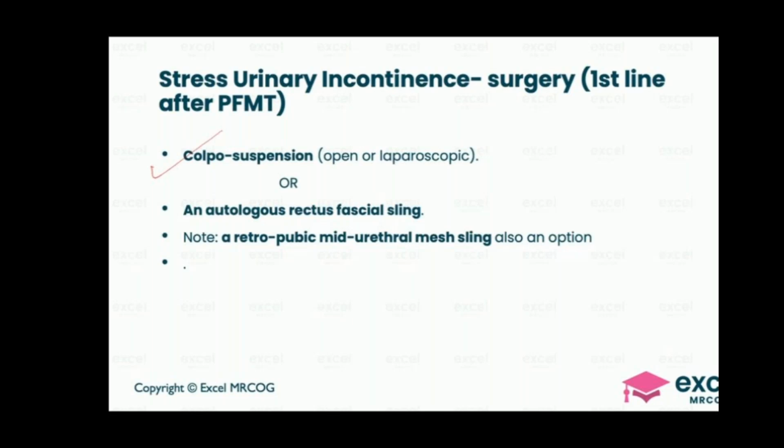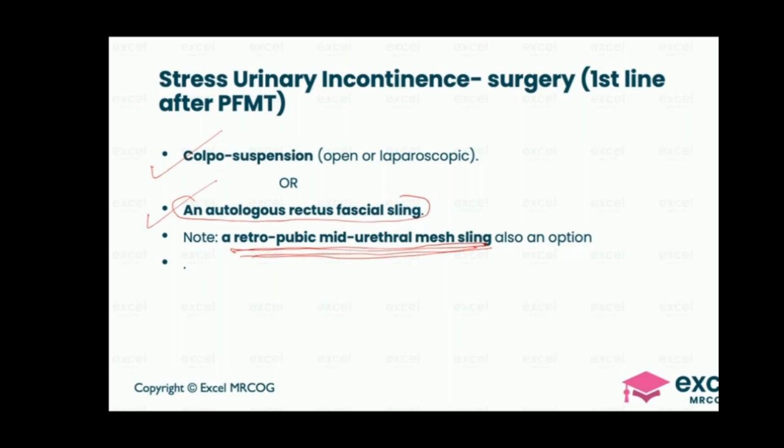Now, retropubic mesh repair can be considered, but remember mesh has problems. So that is why the NICE guidelines have put autologous rectus fascial sling here first before a retropubic mid-urethral mesh sling, which they have mentioned is an option. But what they have mentioned first is Colpo suspension, then your autologous rectus fascial sling.